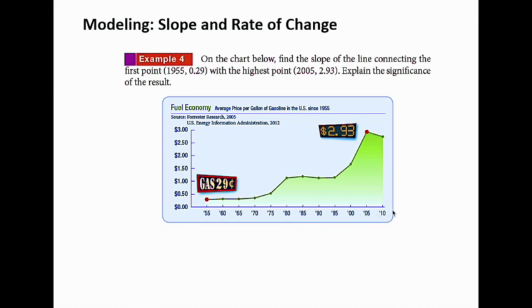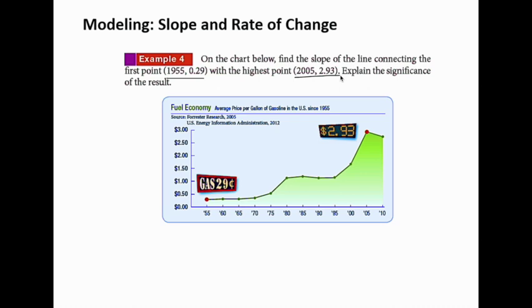So y represents dollars and x represents the year. So we have specific quantities that are assigned to x and y. It's not just some generic number. So if I take the slope between this point and this point, it's going to be more than just a number.